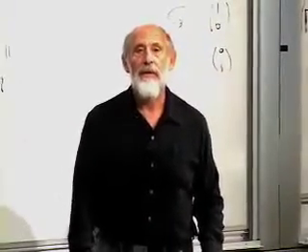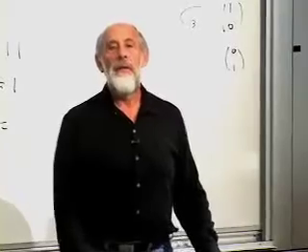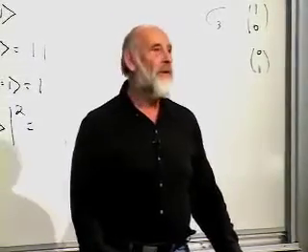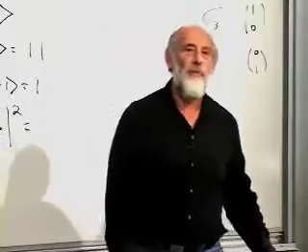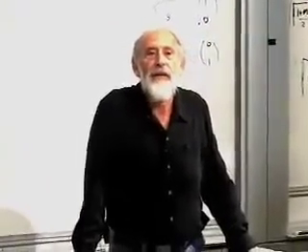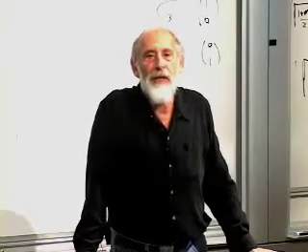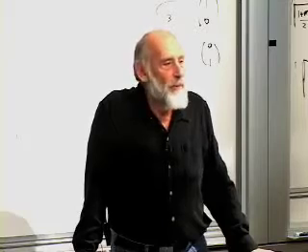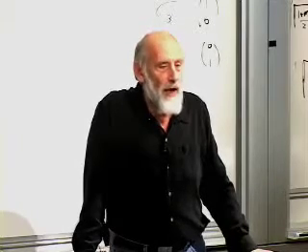You can measure and get the right answer, or they don't disturb one another. Well, how would you measure sigma x and sigma y simultaneously? You can do the physical experiment. How? Remember, you measure sigma x by putting it into a large magnetic field along the x-axis. You measure sigma y by putting it into a large magnetic field along the y-axis.